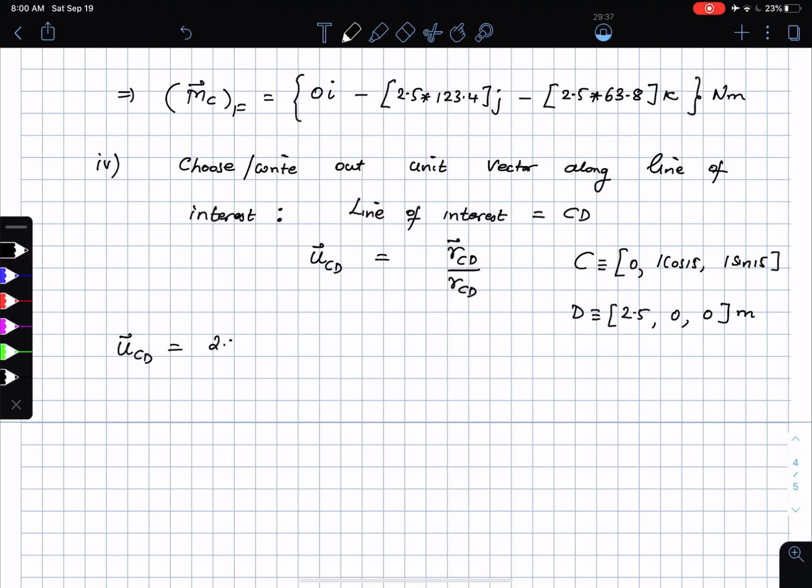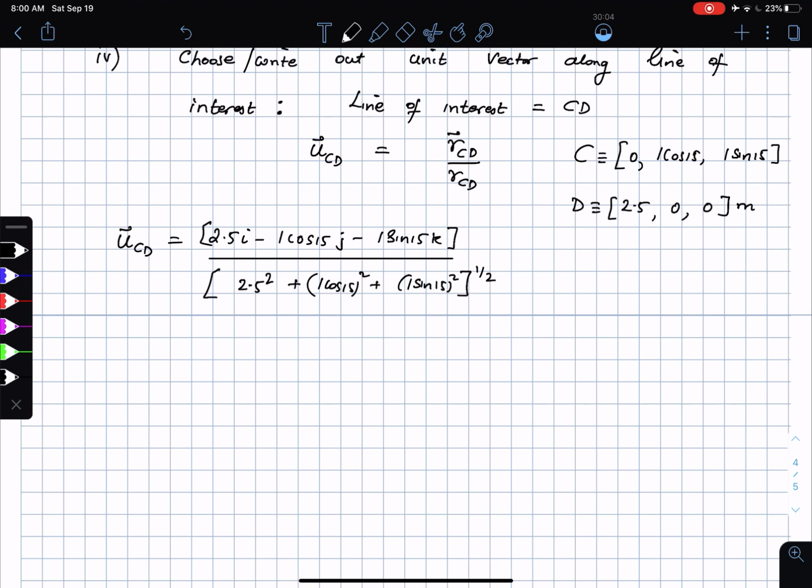So this is going to be 2.5i minus 1 cosine 15 j minus 1 sine 15 k, all of this divided by the square root of the sum of the squares of 2.5 square, 1 cosine 15 square, 1 sine 15 square, whole to the power 1 by 2. Okay, so this is going to be UCD.